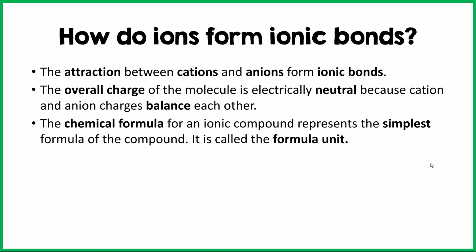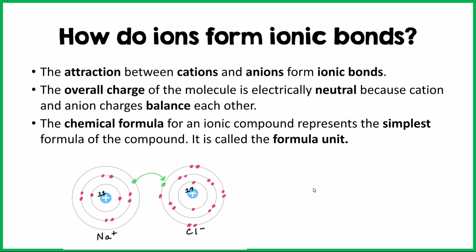The chemical formula for an ionic compound represents the simplest formula of the compound. It is called the formula unit. So if we're looking at our easiest example of an ionic bond, sodium and chlorine, which forms sodium chloride, which you know as table salt.